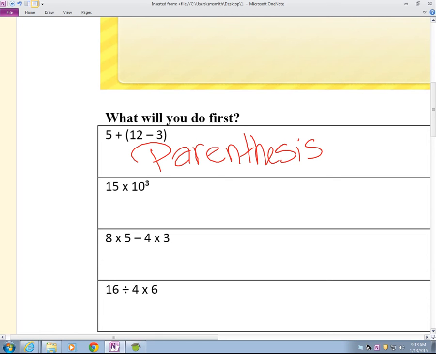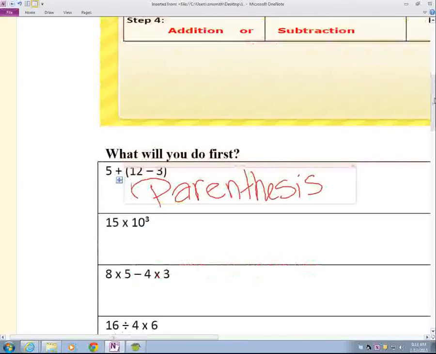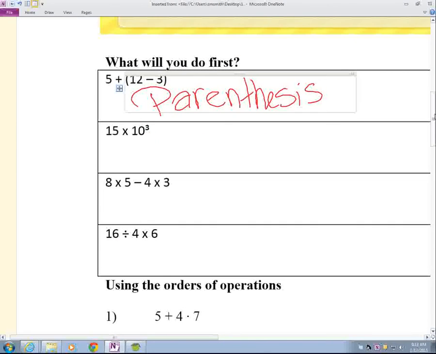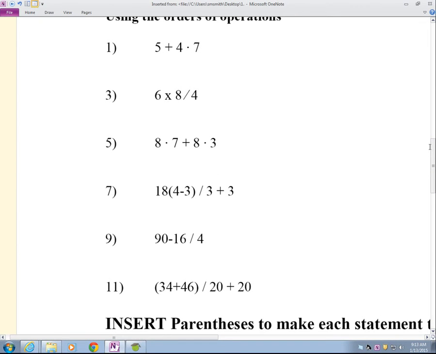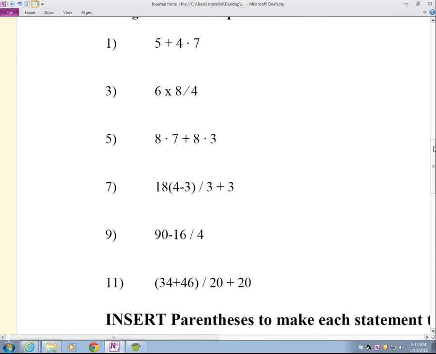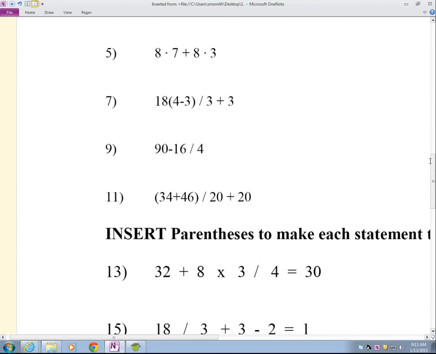So I didn't spell it correct on the notes, looks like. Yeah. So that's how you're going to do that section. Then, using the order of operations, let's do... Ew, I don't like the way this one's written.